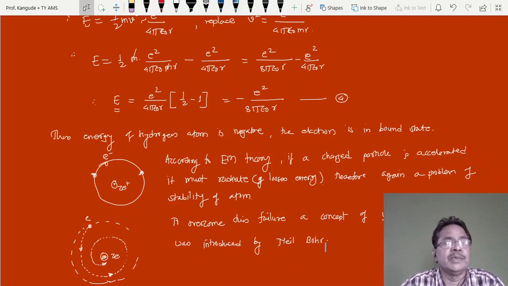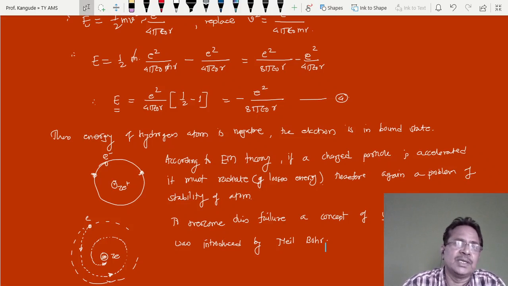So the hydrogen atom is an electron-nucleus bound state, and if it is a bound state there must be radiation loss, and this radiation loss is not there if we assume the electrons are in a stationary orbit. Whenever these electrons move in a stationary orbit they do not radiate, their orbit is stable, and therefore stability of the atom is possible.